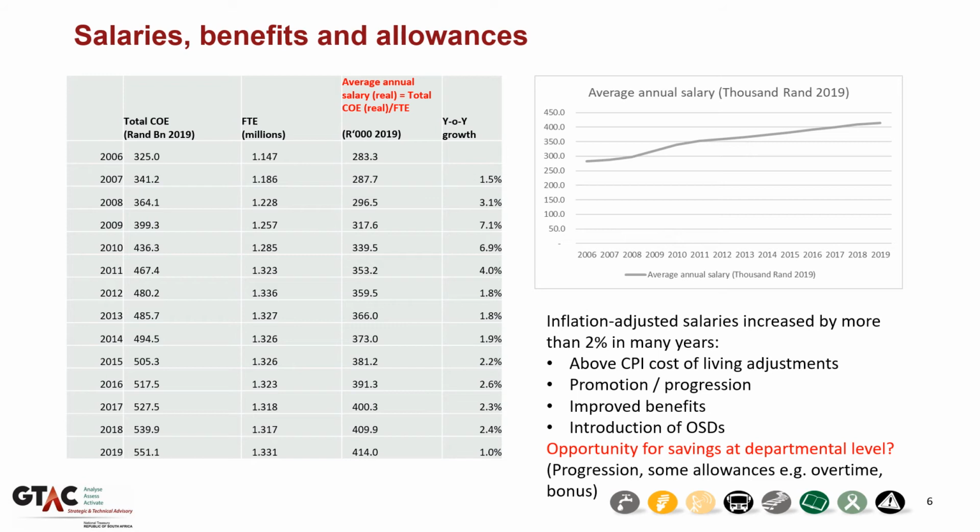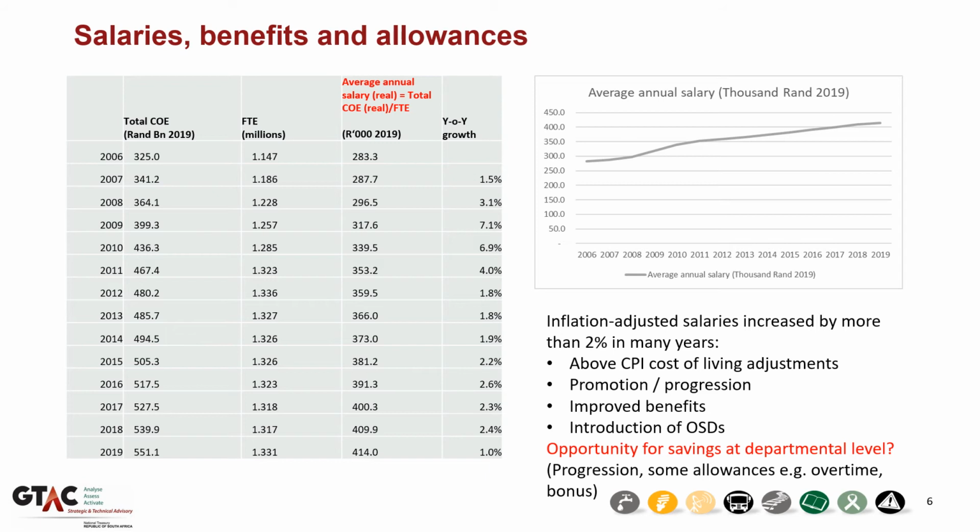It is well known that cost of living adjustments for a large group of public servants were above consumer price inflation. Furthermore, benefits such as medical and housing improved. Many public servants qualify for annual notch increases, which is currently 1.5% per year for most occupational groups.